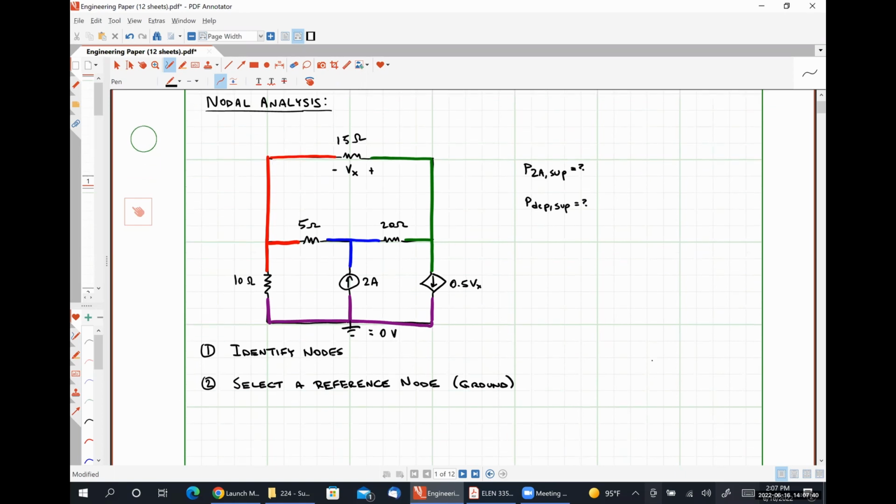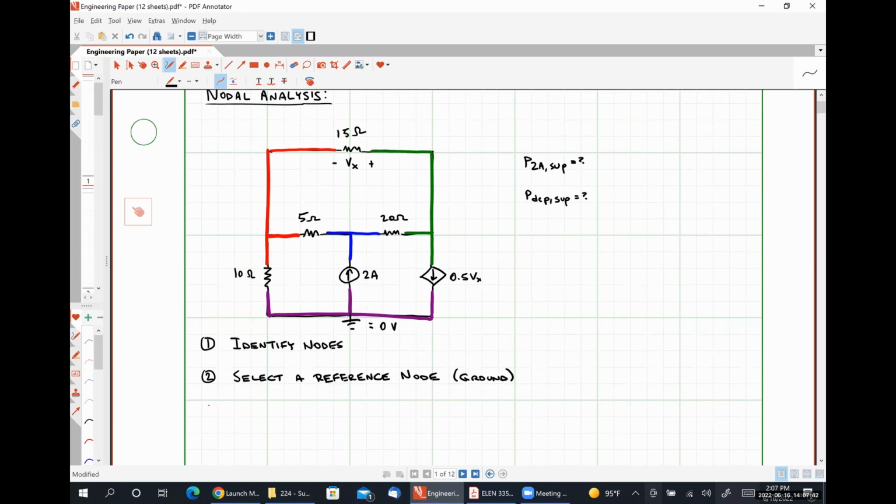And then our next step is going to be to assign nodal voltages. So what that means is I'm simply going to give all of our other nodes a name.